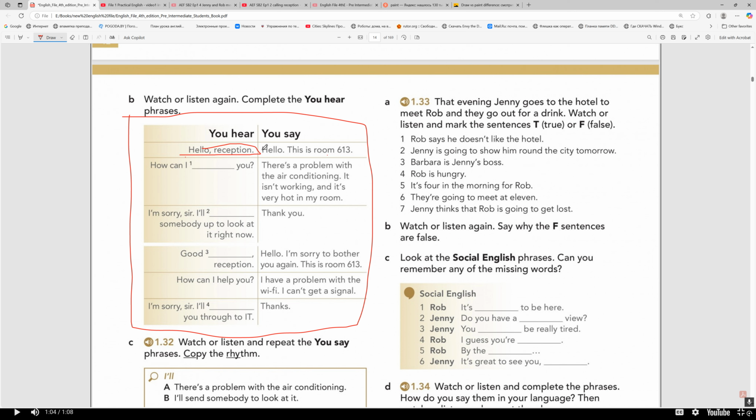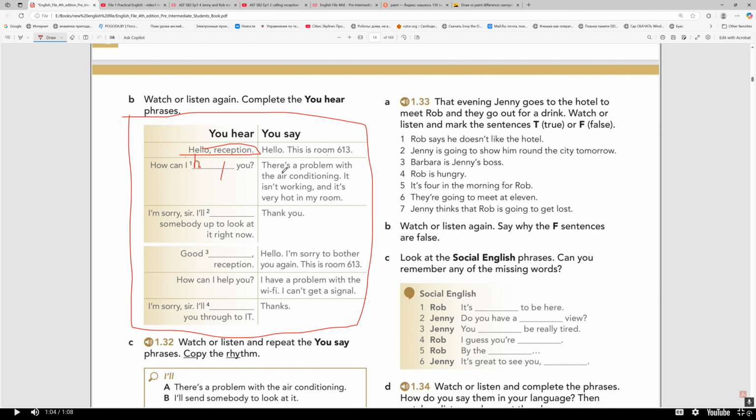Reception. This is room 613. How can I help you? How can I help you? Yes, that's right.